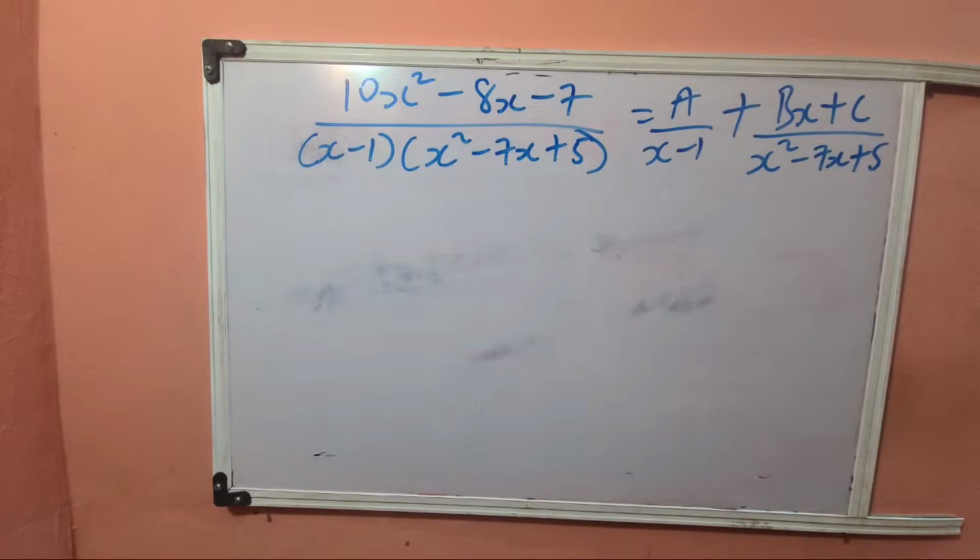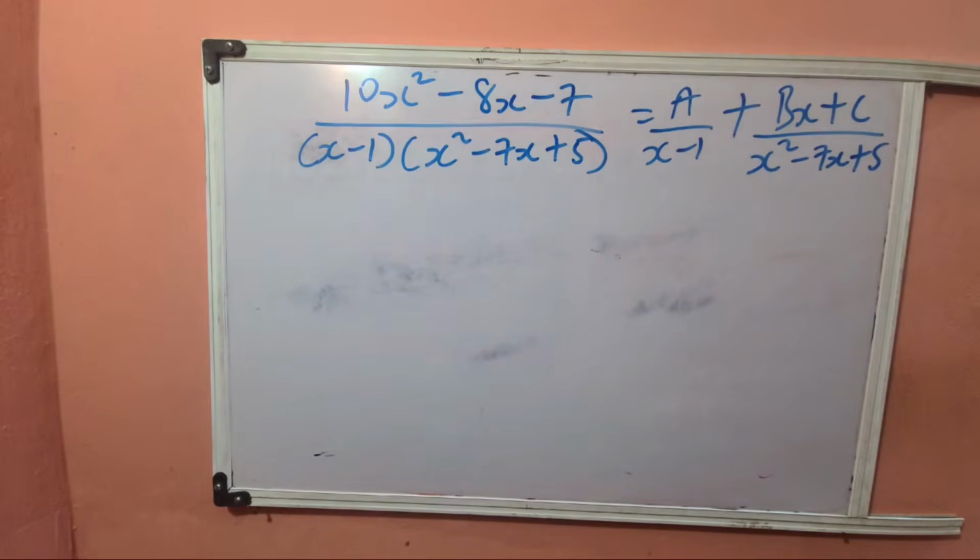This is question number 2 of last year's questions, and the whole question carries 4 marks under partial fraction. I'm told to resolve this into this form. This question is quite easy and simple. How many of you can solve this quickly? Anybody there with a great idea of how to solve this?